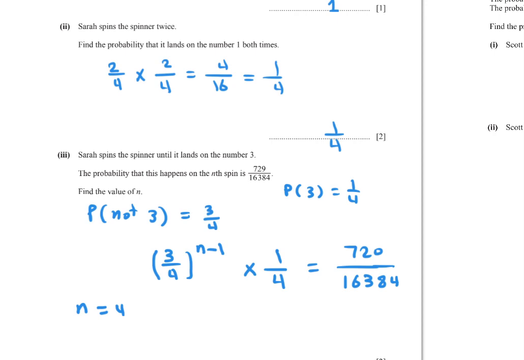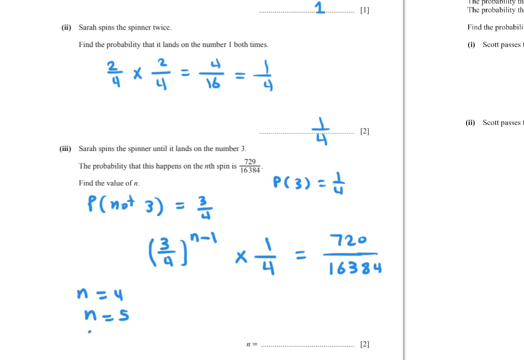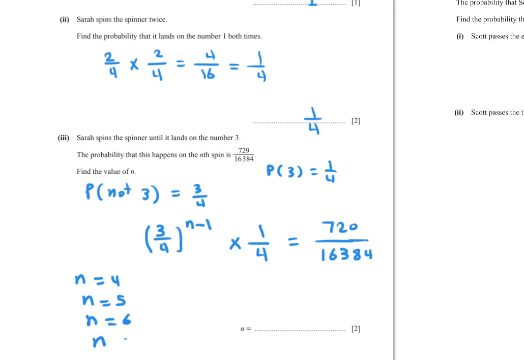If it doesn't work, go to number 5. Try n equals 5. If it doesn't work, n equals 6. If it doesn't work, n equals 7. You will find that if you put n equals 7, you get the answer. So 7 times.